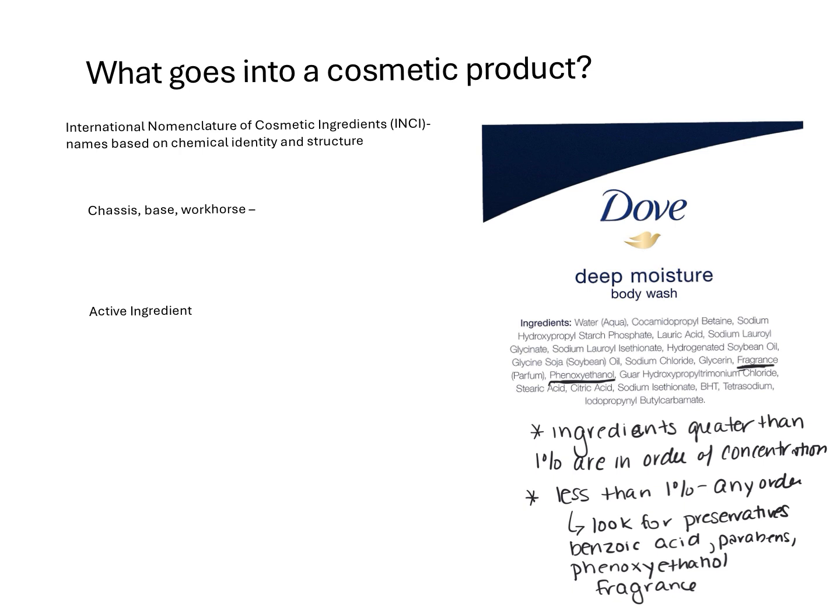So let's define a few terms that we're going to run into when we talk about these cosmetic processes. One of the terms that I have run into quite a bit is a chassis, or base, or workhorse, and these are really used interchangeably. All this is, is the ingredient that creates a product structure and stability.